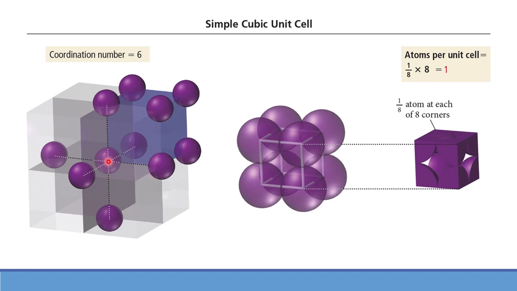Each of these, except for the ones on the very ends, is in coordination with 6. So that is our coordination number. And then to get the atoms, you do what we talked about on the previous slide. There's 1/8 of an atom in each corner, and there's 8 corners. So 1/8 times 8 gives you 1 atom per unit cell.